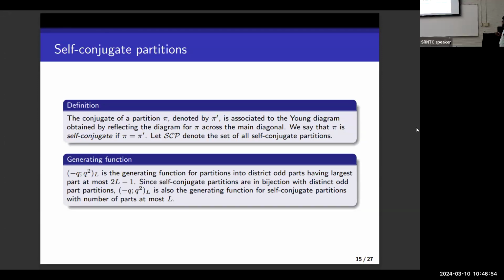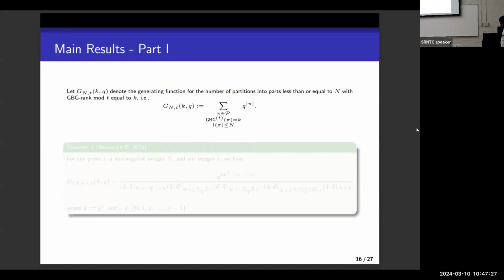Minus q squared to the L will be the generating function for partitions into distinct odd parts, because here the parts are like 1, 3, 5, and so on, having largest part at most 2L minus 1. And it's easy to show that self-conjugate partitions are in bijection with distinct odd part partitions. So the generating function for self-conjugate partitions having largest part at most L will be the same, minus q squared sub L.